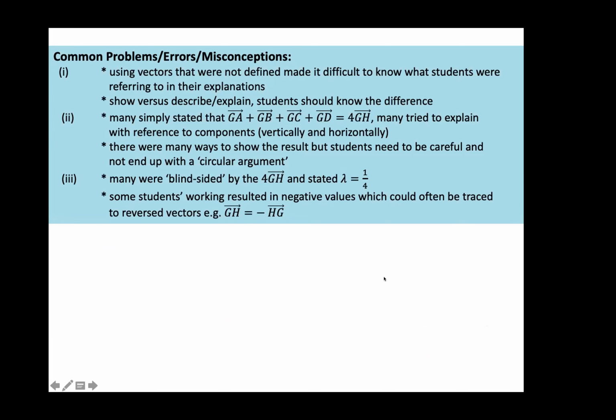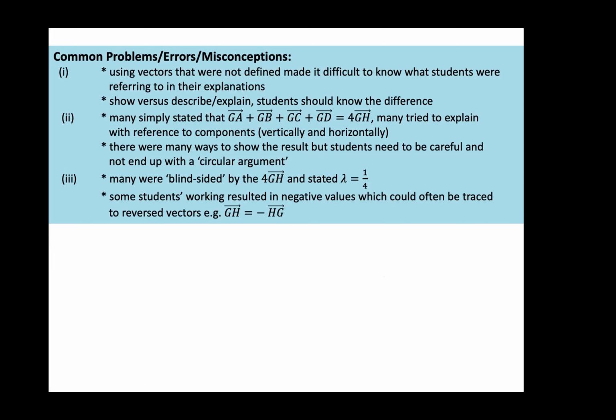Quite a number of errors came up in this particular question about vectors in 3D. Using vectors that were not defined made it difficult to know what the students were referring to in their explanations. Show versus describe and explain needs to be understood better. Students should know the difference.